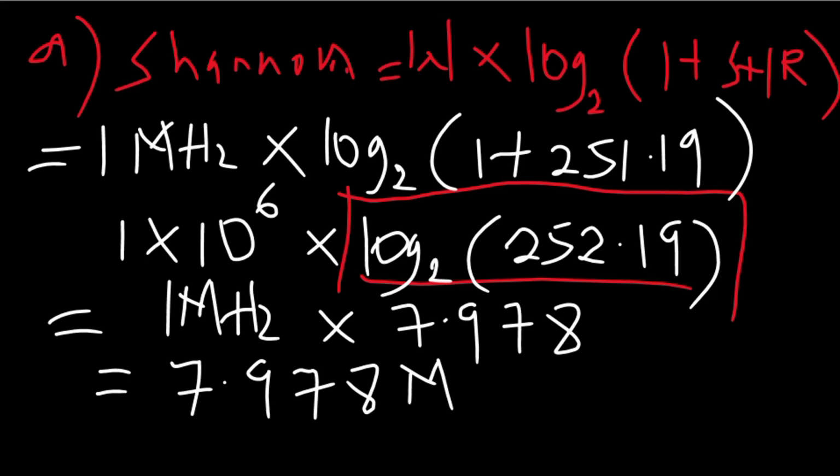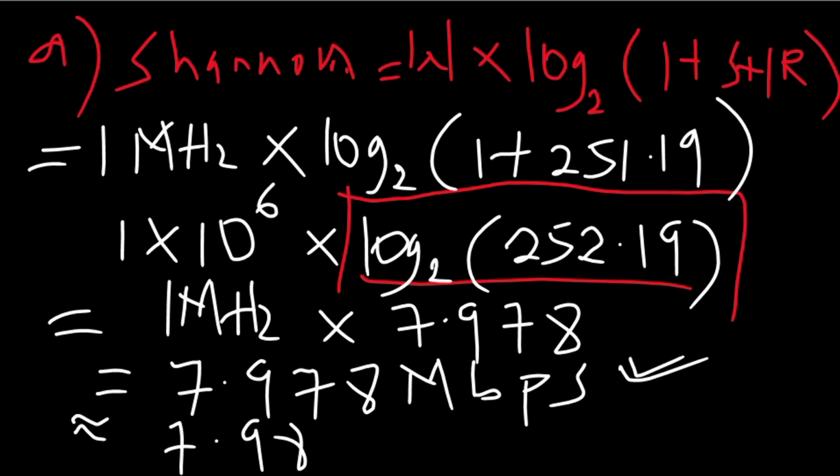This is the answer that we are expected to have. So let's round this up. So we have 7.98 megabits per second. Okay, so this is supposed to be our answer after rounding. So now we have the Shannon capacity.